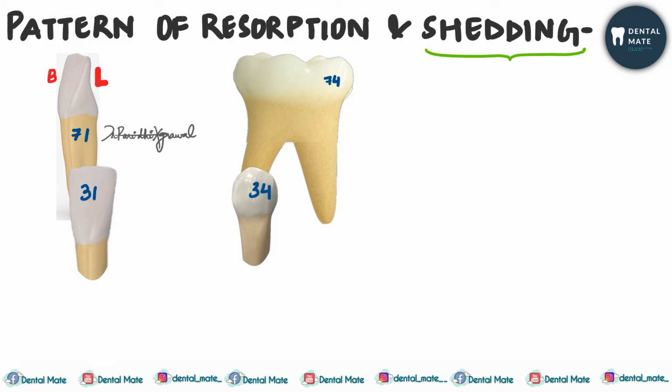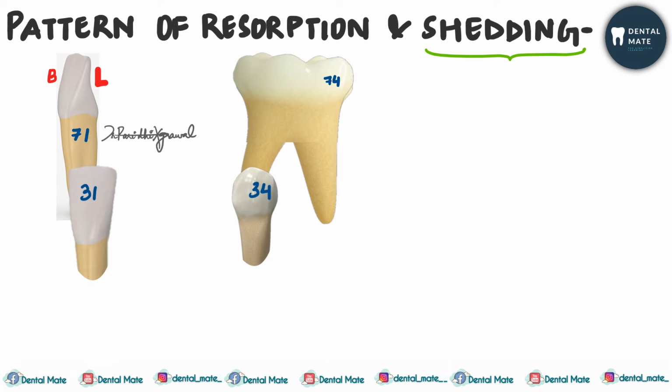We must always remember that the root resorption process is not continuous. It has different periods of rest and repair. So the exfoliation of the tooth would occur if the resorption predominates over the repair mechanism. But if the repair predominates over the resorption, then there could be retention of the deciduous tooth.